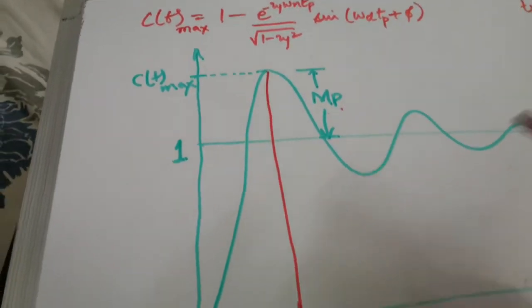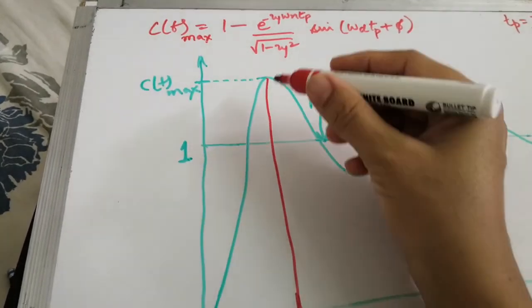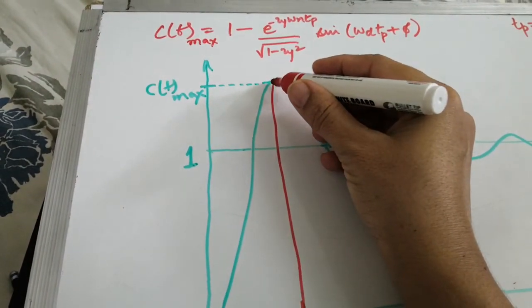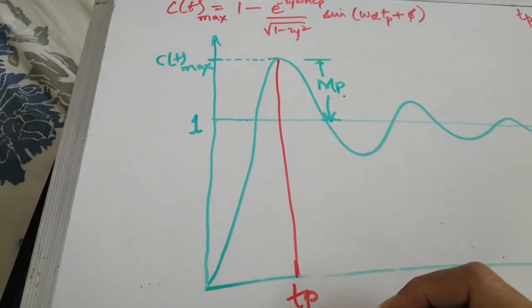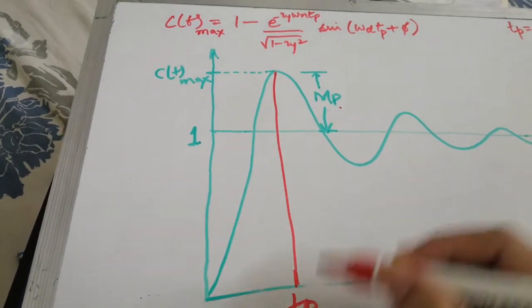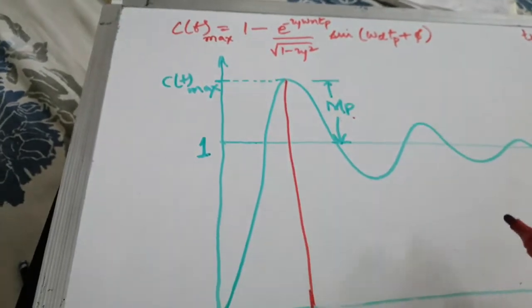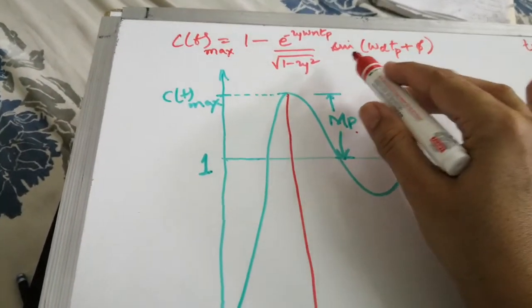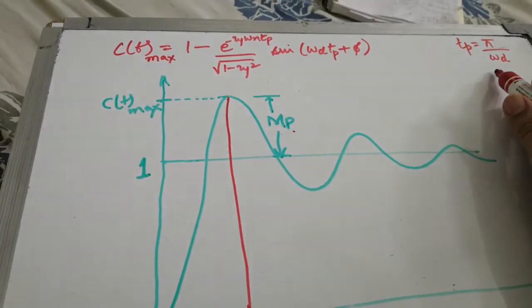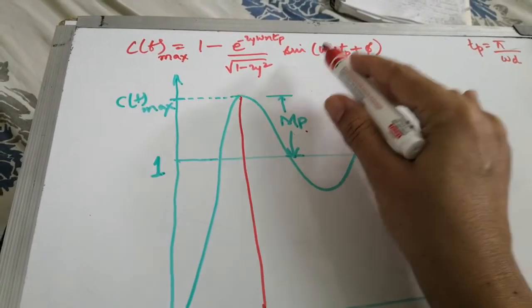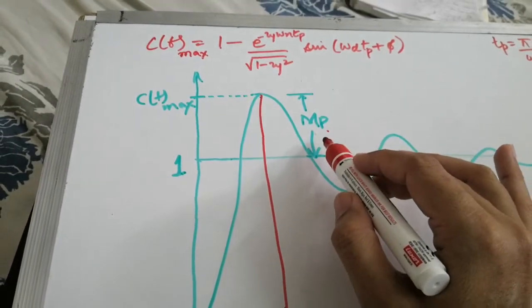Can you understand it? We want to get the maximum value of Ct max. We have calculated the value of Tp. So corresponding to Tp in this expression, we are going to get the value of Ct maximum. So firstly we put the value of Tp that we just calculated in this expression, and after that we calculate the value of Mp.